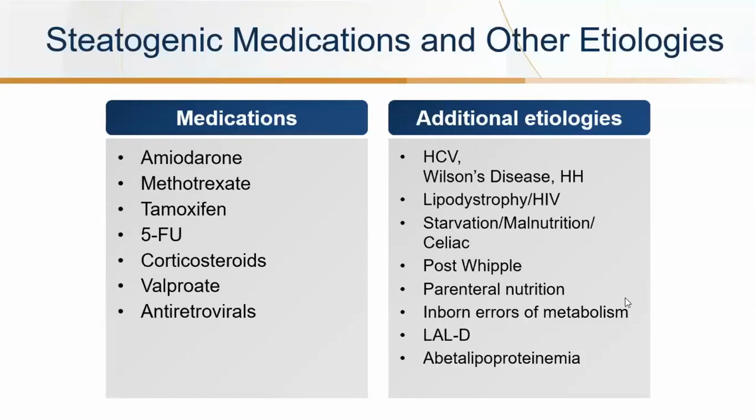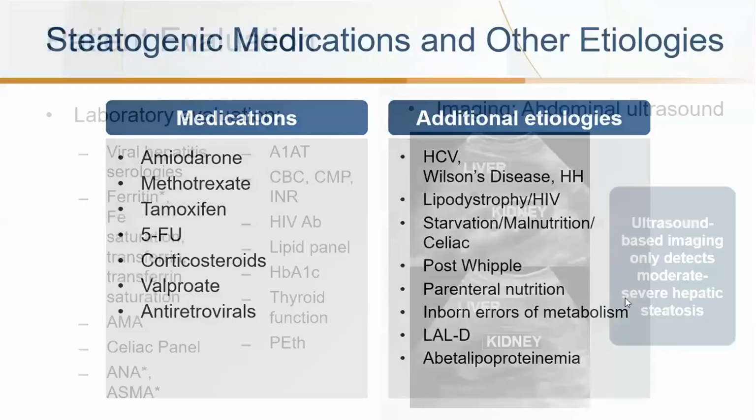And some other etiologies, including hepatitis C, Wilson's, hemochromatosis, HIV is a big one. And less common ones like celiac disease, post-Whipple, meaning you're altering that metabolism there. And some other inborn errors of metabolism and enzyme deficiencies can be contributing to the steatosis burden.